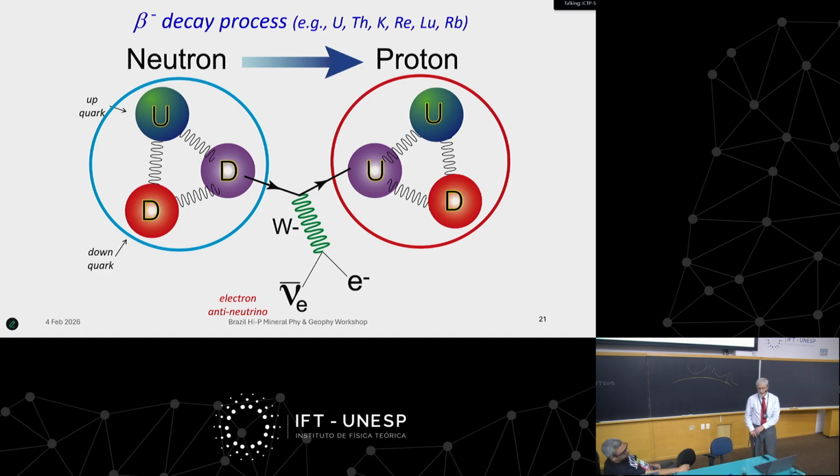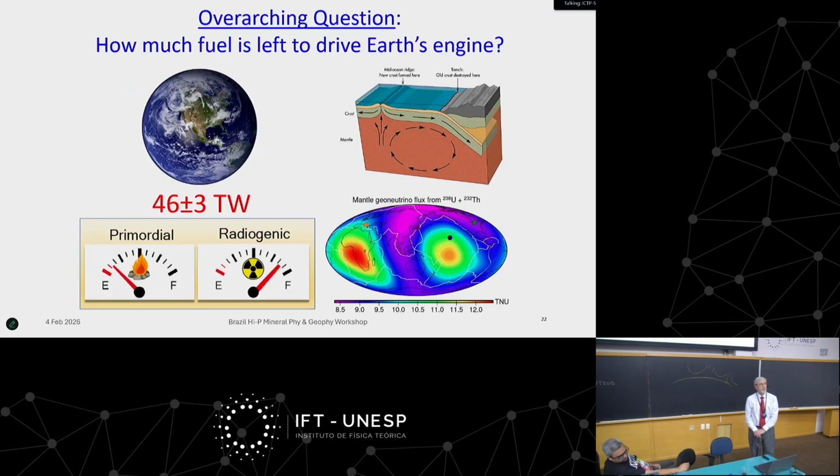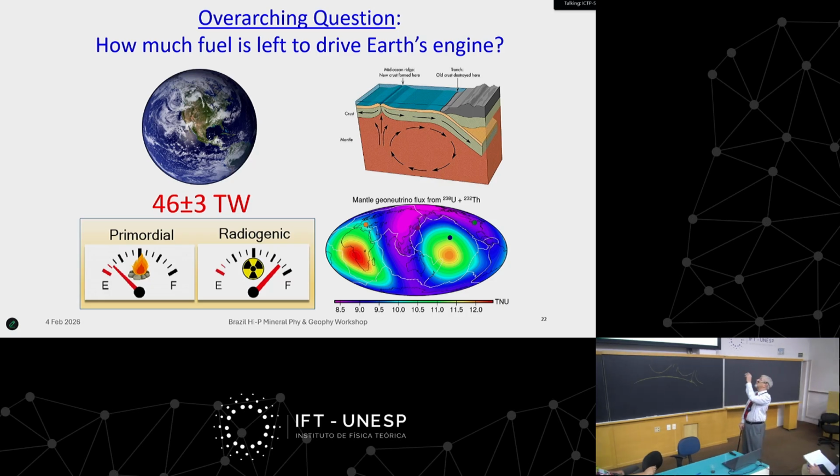Can I have the next slide, please? The Earth science portion of the question. So the overarching question is how much fuel is left to drive the Earth's engine? And I have a fuel gauge here. For those of you who might own a hybrid car, you would not like to get up in the morning and not know what's in your fuel tank. Do I have enough on either my battery or my petrol to continue driving today?